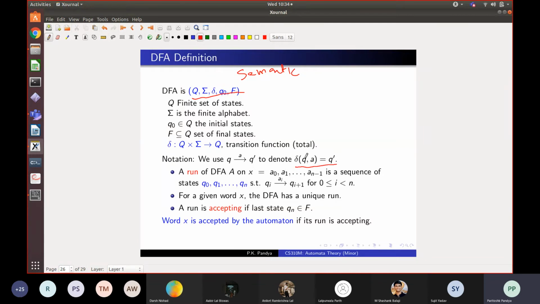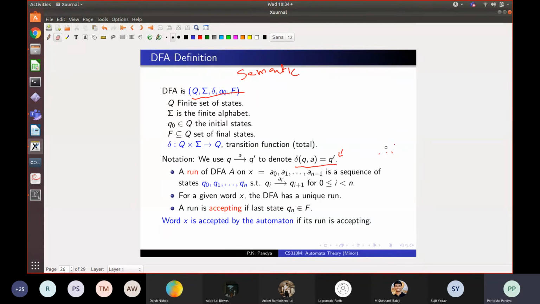So let's assume that from Q on an A you go to Q prime. We can denote this diagrammatically in the execution as Q arrow Q prime with a label A. This arrow notation is just a short form of the mathematical statement, but we write it like this. So this is just notation. Don't get confused between the two. It's the same thing.